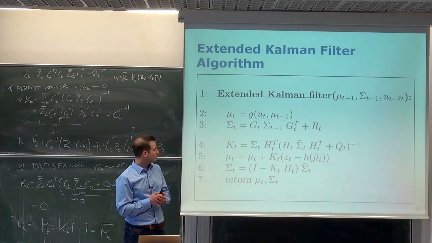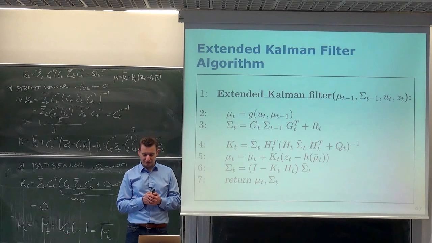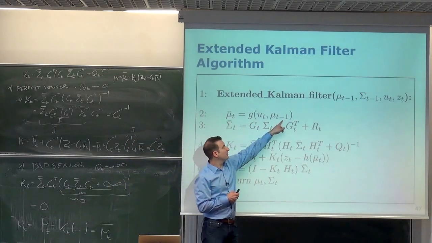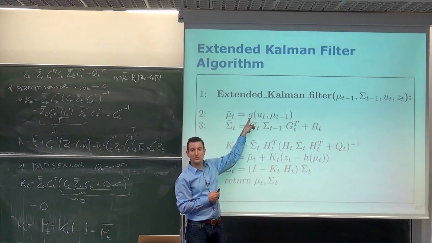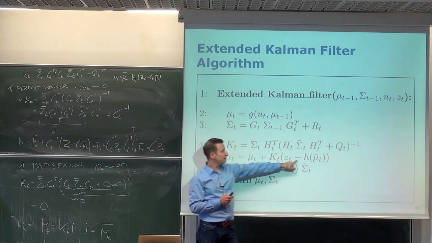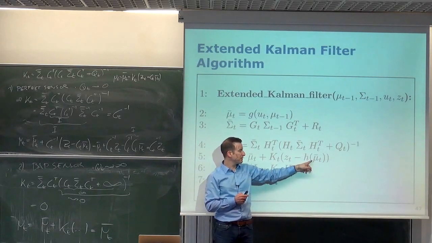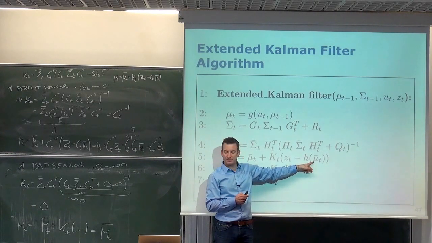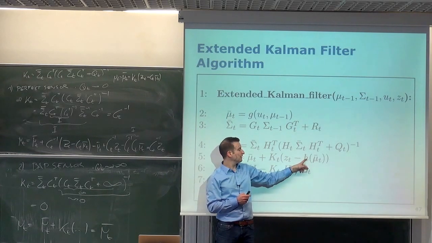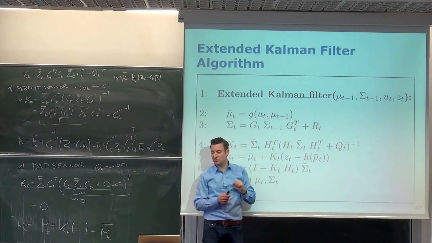I take my function, which I call now extended Kalman filter, and what I changed is here. This guy here is not expressed with a and b anymore, but through the function g. And here I don't have my matrix ct times the predicted mean, but I have my nonlinear function h and my nonlinear function g.